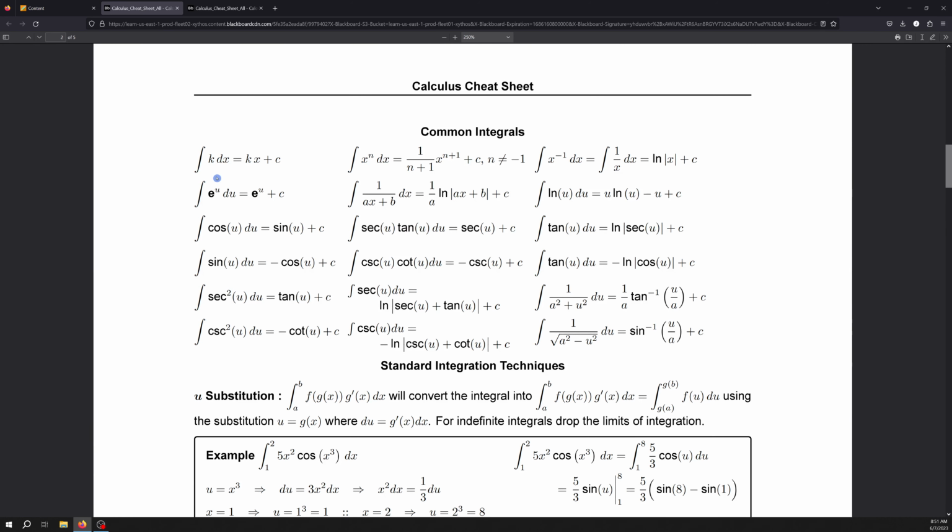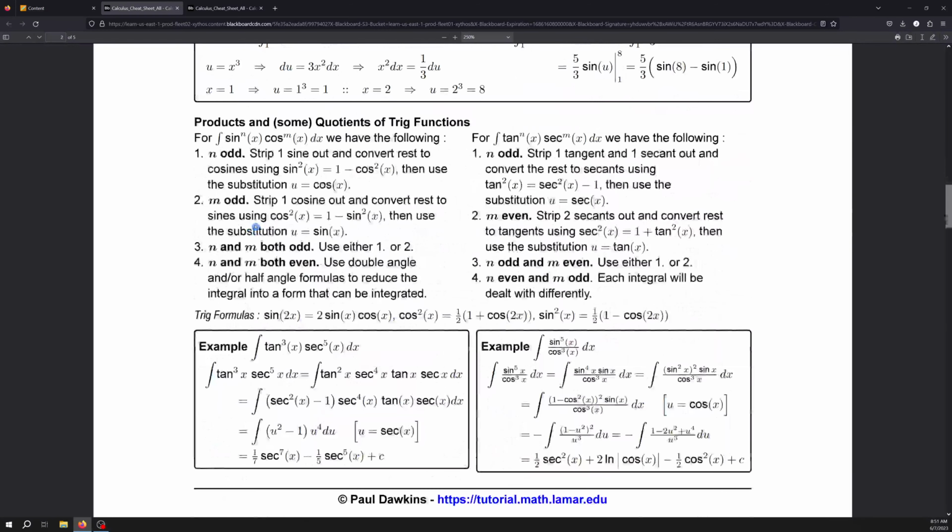In other words, in Calc 1, some people go over e to the u. Some people don't. Also, we should all have familiarity with the integrals of our trigonometric functions, but sometimes we don't go over some of the hyperbolic functions, which are down here a little bit lower.